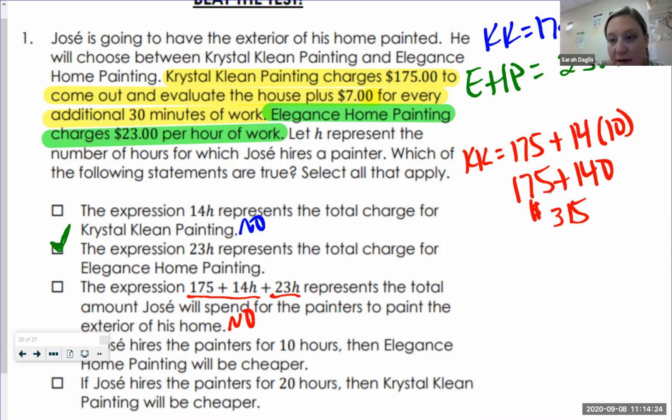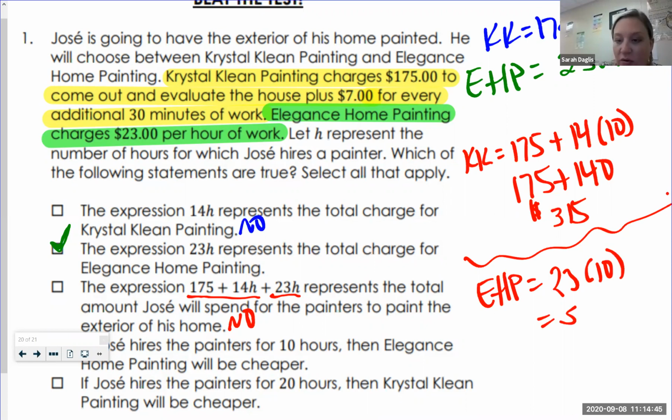Okay, I'm not done with my work. I need to compare that to what it would be for the Elegance. With Elegance Home Painting, that's going to be 23 times the 10 hours. So that's going to give me a total of $230.